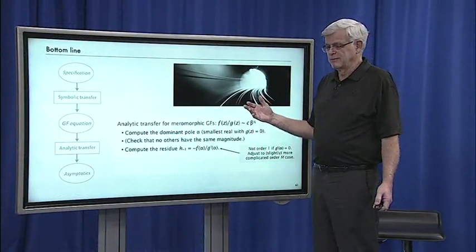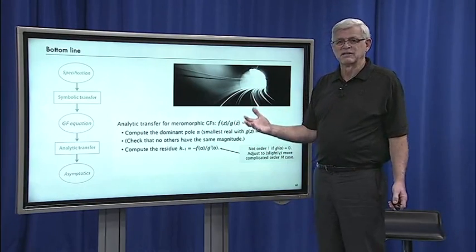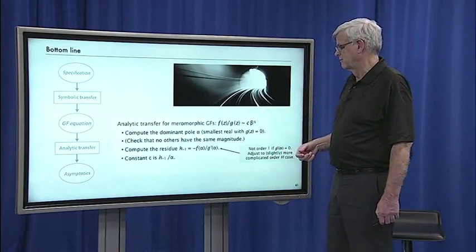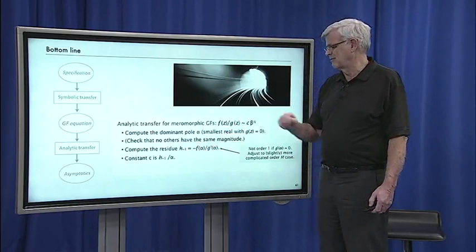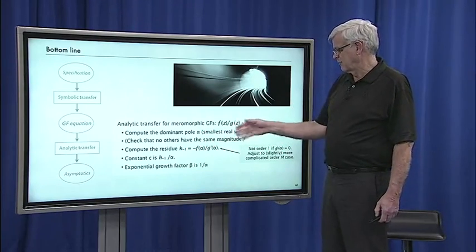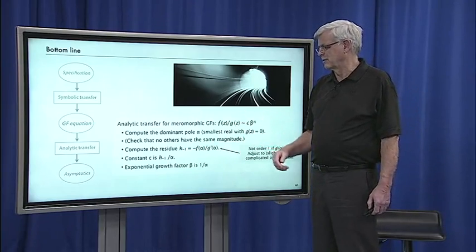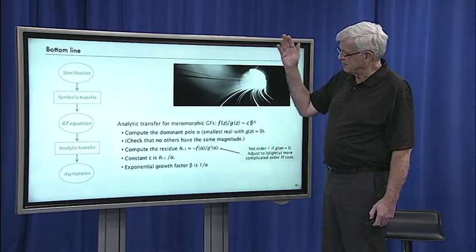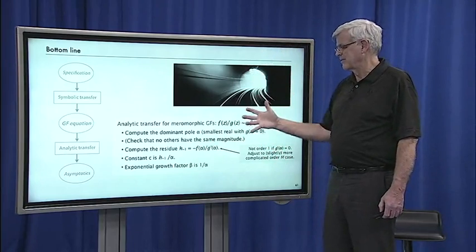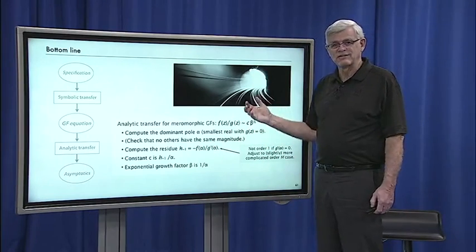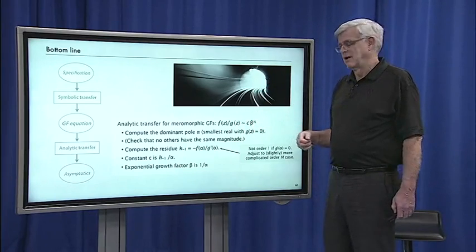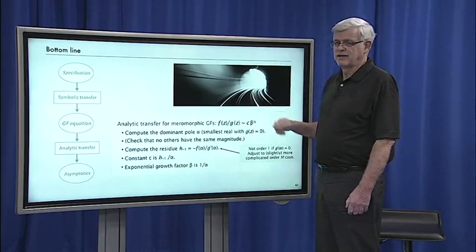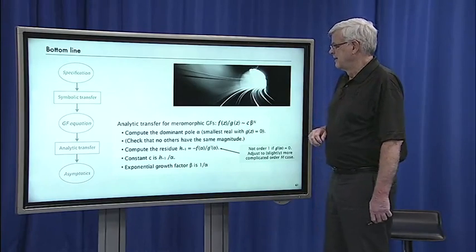Again, that doesn't come up in a great many of the combinatorial classes that we consider. So the constant then is just h minus 1 over alpha, and the exponential growth factor beta is just 1 over alpha. So that's the bottom line, is we've got a very simple method to transfer from a generating function equation into constant times exponential growth factor.